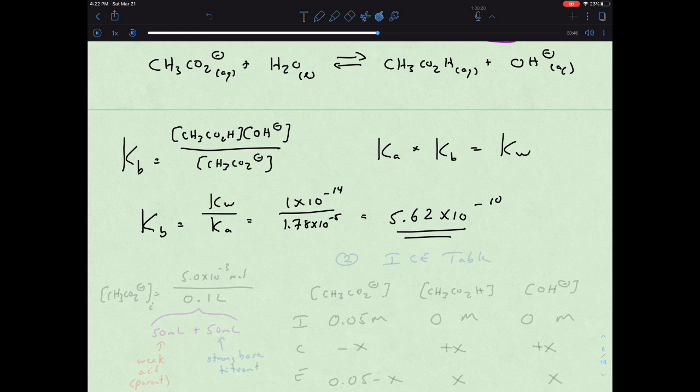We have our Kb expression, and that allows us to set up our ice table, where we still have all of those components, now slightly switched around with what we're starting with. Starting with our acetate, our products being the acetic acid and the hydroxide.